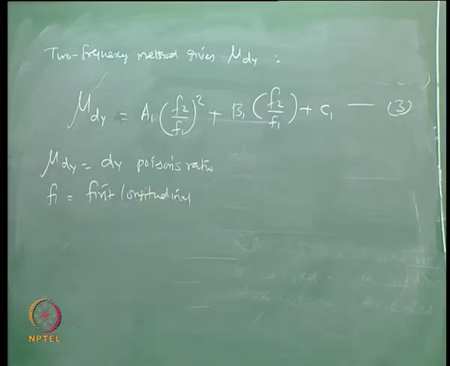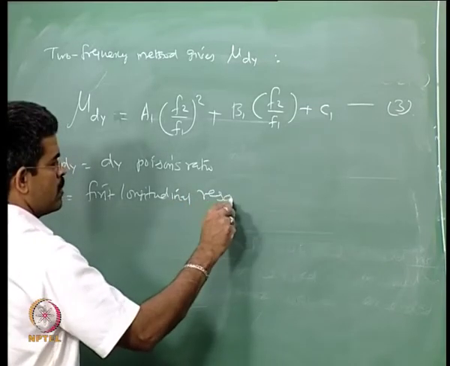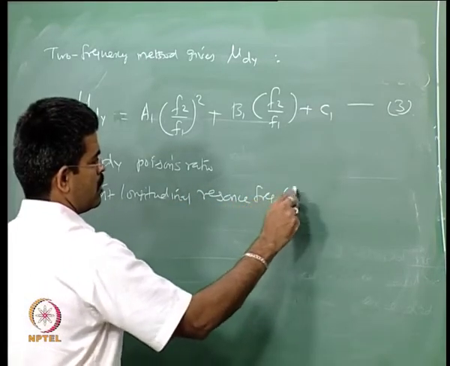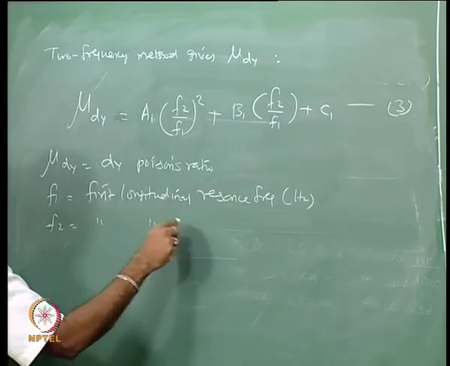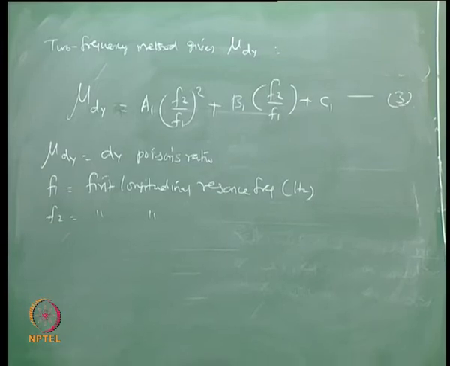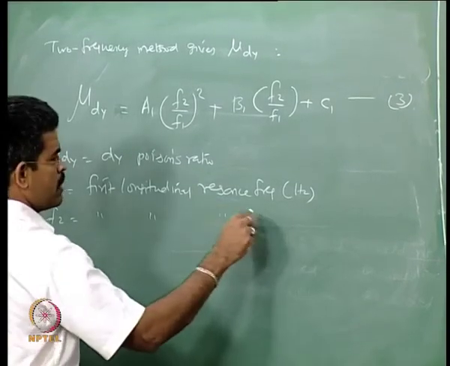F1 is the first longitudinal resonance frequency in hertz, F2 is the second longitudinal resonance frequency in hertz.